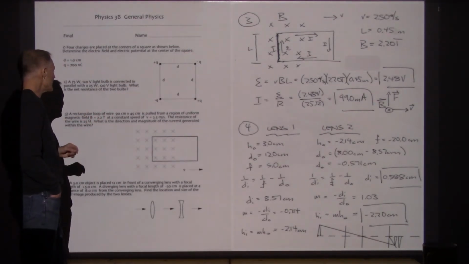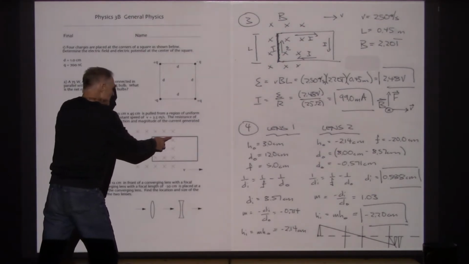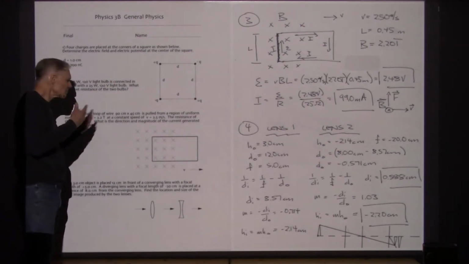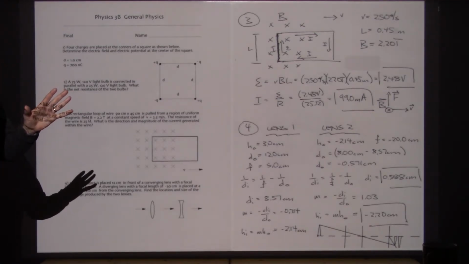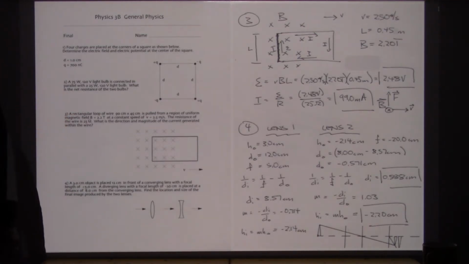Now what's happening here is this loop that I have, it's got a bunch of electrons and protons inside. And once those protons and electrons are moving through a magnetic field, they're going to experience a magnetic force.